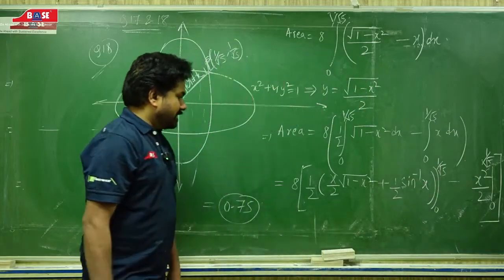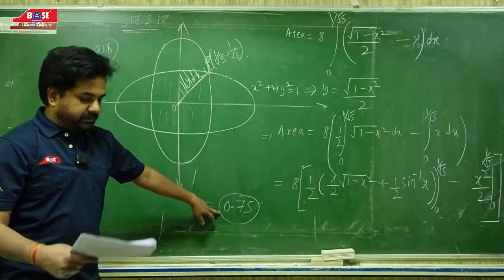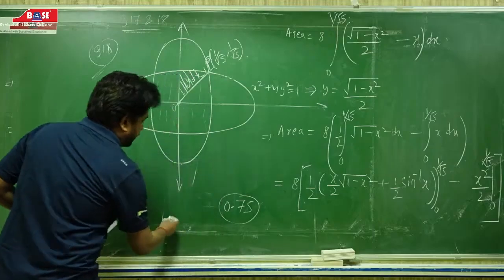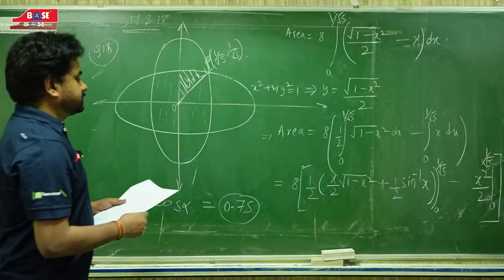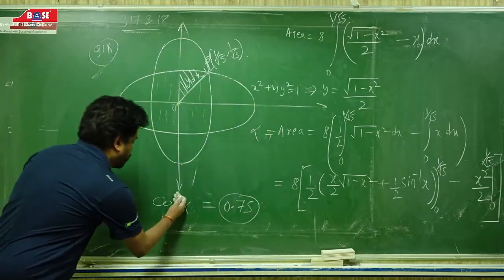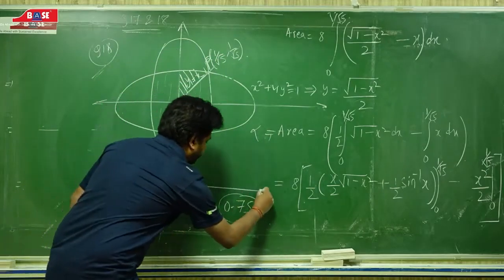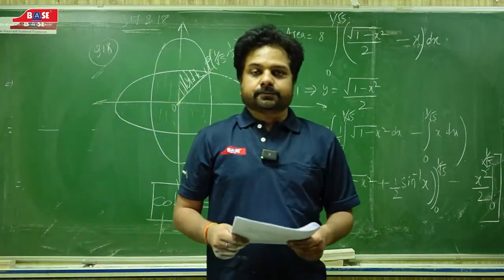Okay. And at last you can multiply with 8. So the final result is going to be 0.75. And that is the value of cot alpha. Okay. So this is the value of alpha. So cot alpha we are going to get 0.75. Okay. So thank you.